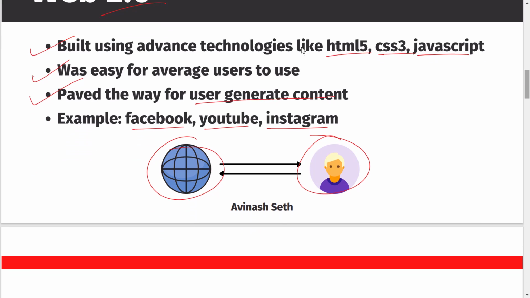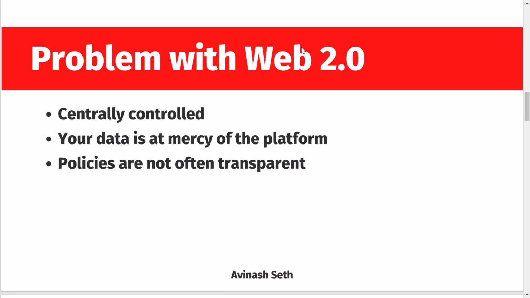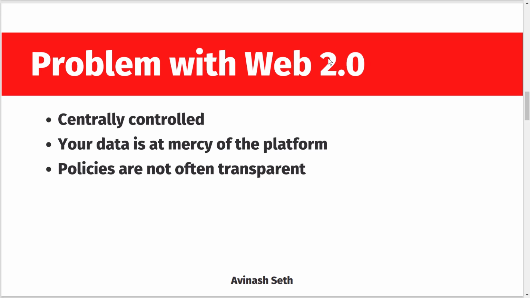Avinash, it sounds very good, but what are the problems with Web 2.0? If it is enabling the average user to do this kind of work, what is the problem with that? Well, first of all, when Web 2.0 started growing, it became centrally controlled, because obviously a lot of things were involved. Your data is at the mercy of the platform, which is technically a reality, and policies are not often transparent.